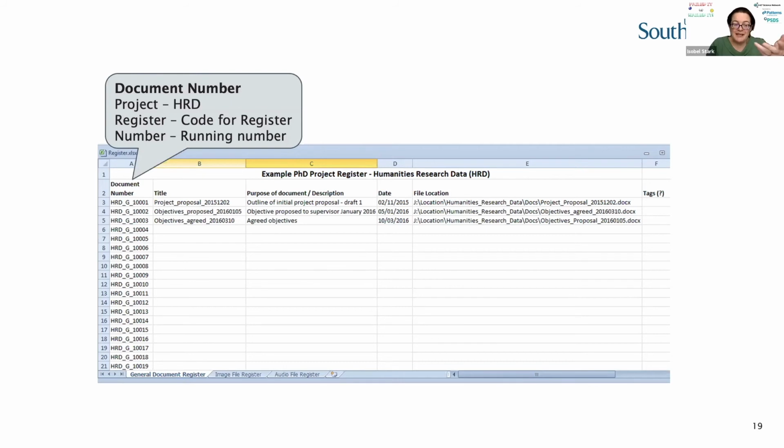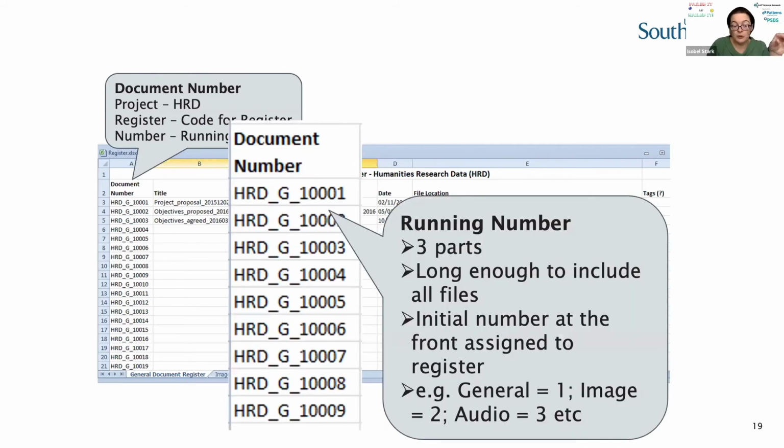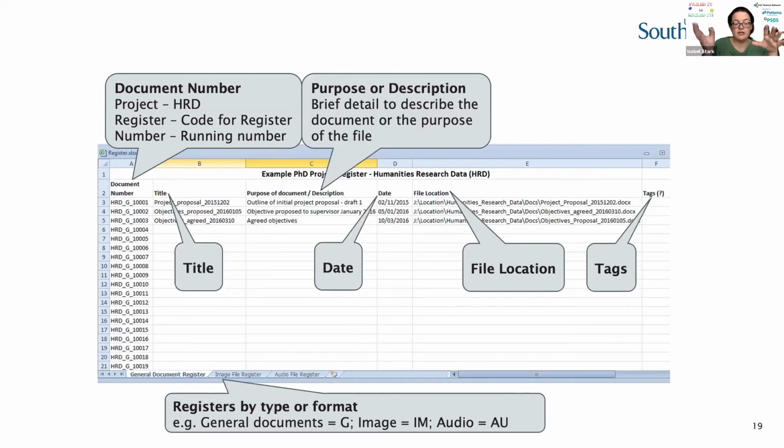So in this case, they've given everything a running number. There's a code for the project, then a code for the type of file it is, and a running number after that. Then there's other bits of information, so the proper title of each file, what it actually is, a brief description, the date, where it's held within their file storage system, and then you could have subsequent tags.